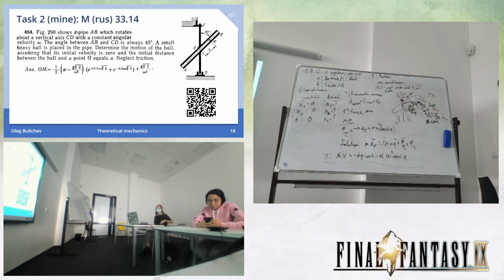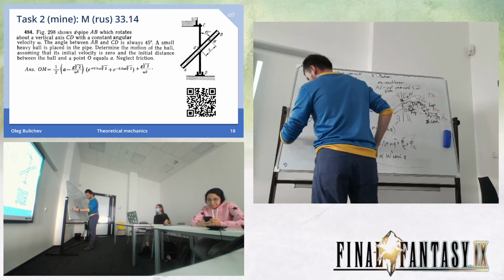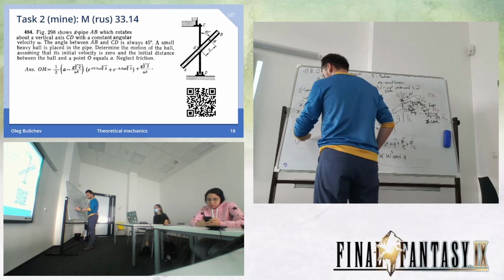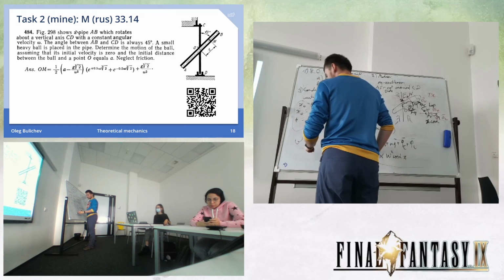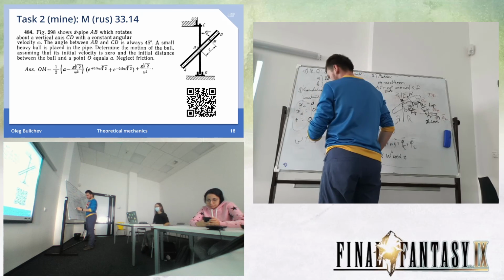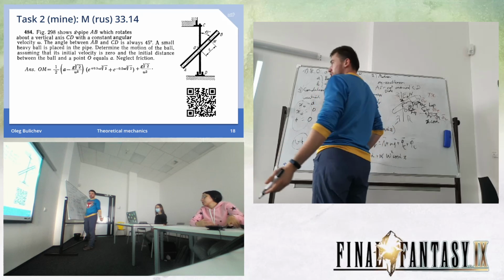Again, when we're talking about Coriolis acceleration, it consists of the angle and v relative. Yes, it moves this point m. And we also have omega. So in this case, we already have acceleration.